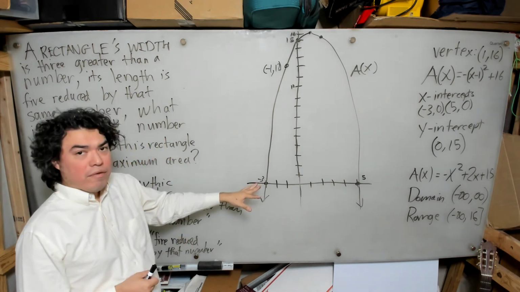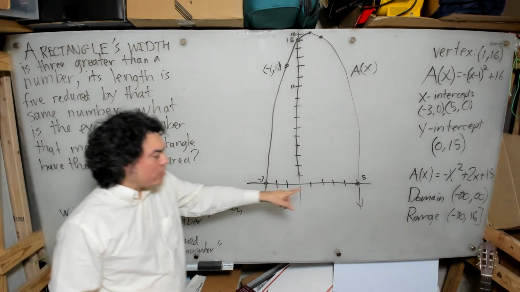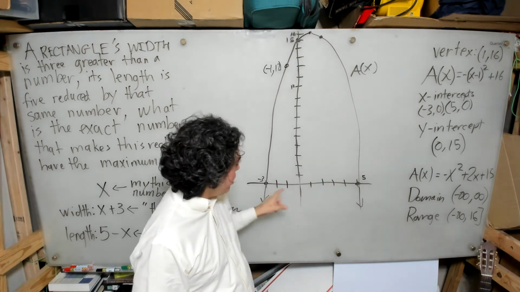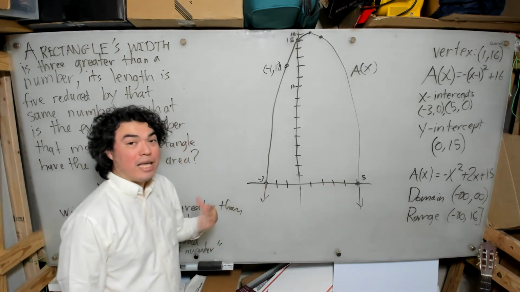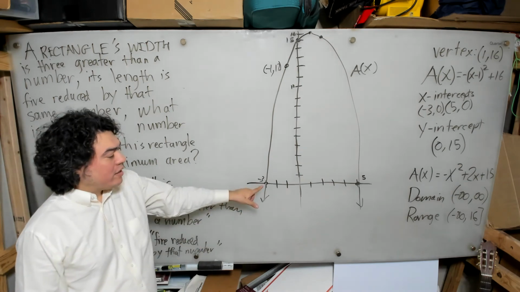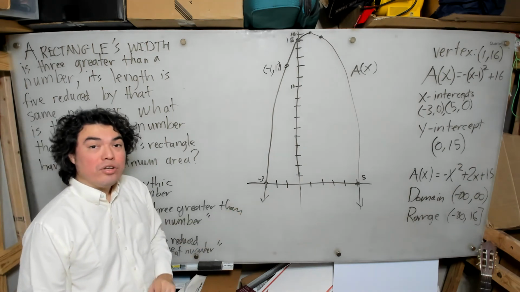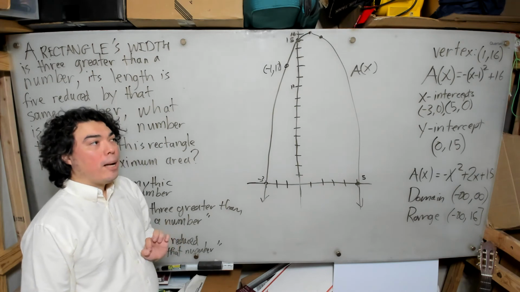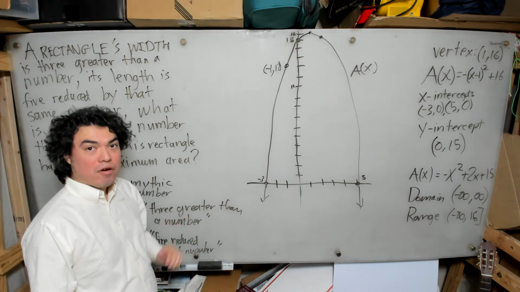But from this graph, these two x-intercepts, and this is why I wanted to bring these to our attention, why I wanted to calculate these more than any other parts of this graph. Because these x-intercepts correspond to the practical limits of our problem.